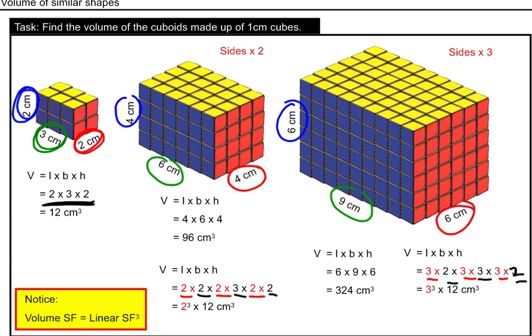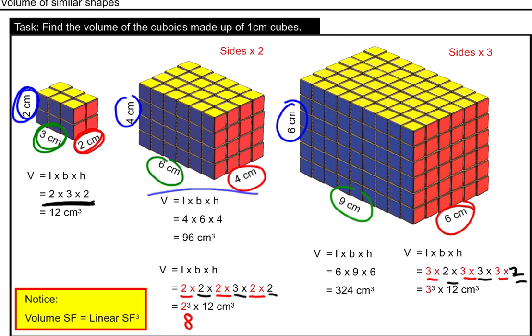Okay? Think about it. Volume's a 3-dimensional quantity. So the cube reflects that. It's the 3 sets of lines, my length, breadth, and height. If I take this middle cuboid apart, well, let's think. This 2 cubed is the same as 8.